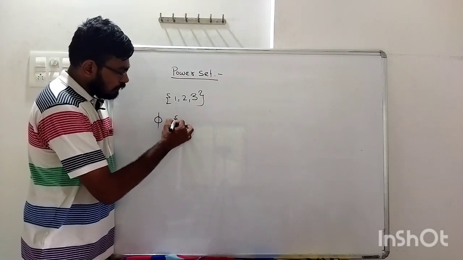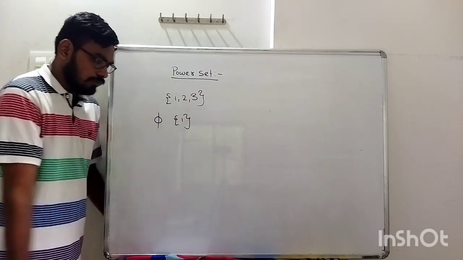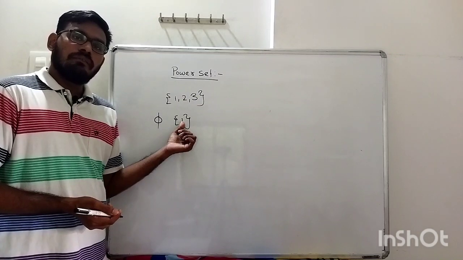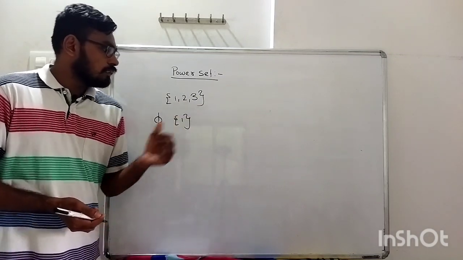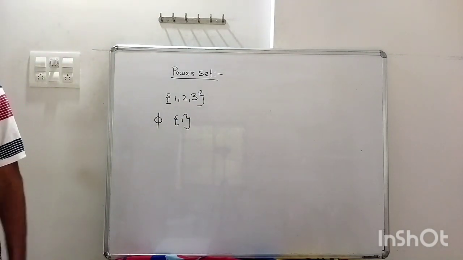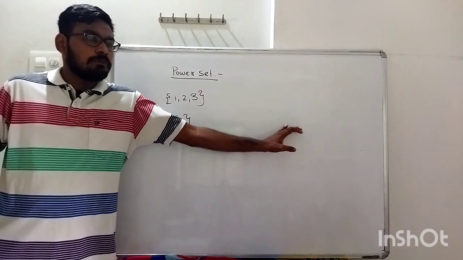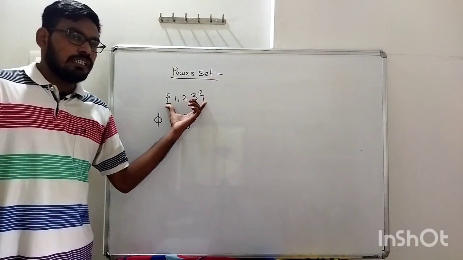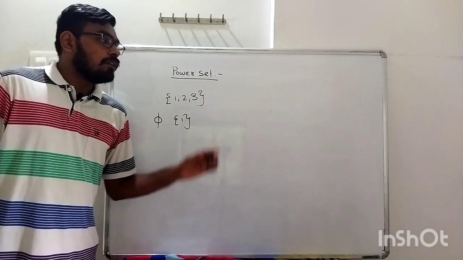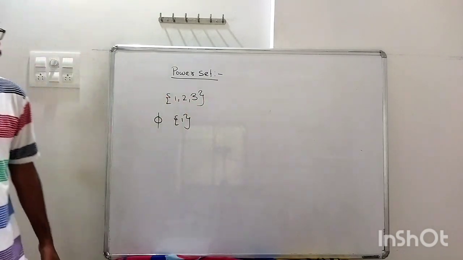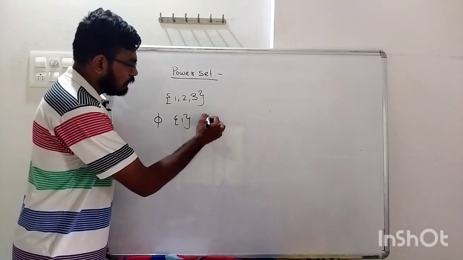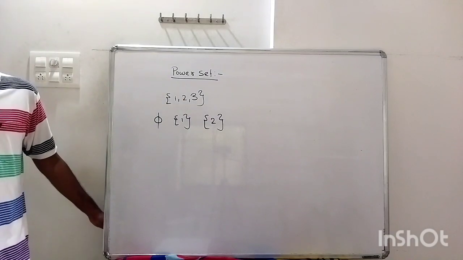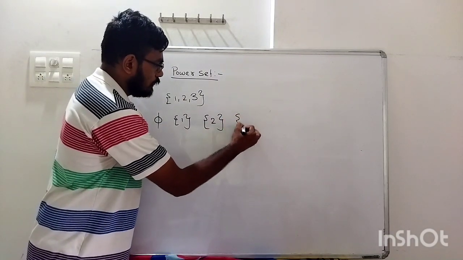Now if we write 1 here, okay, meaning only one element, I am writing 1. This is a subset of this set, one more possible subset. All the possible subsets of this set will come in the power set of this set. So this is one possible subset, the other is singleton 2, the other is singleton 3.